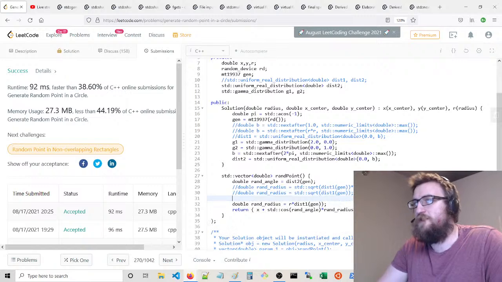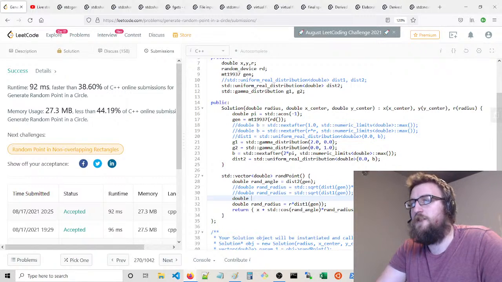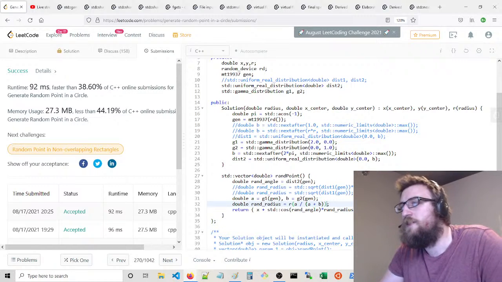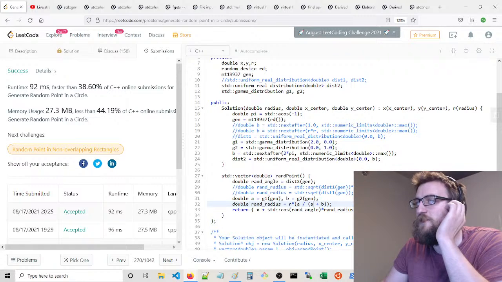We get double x equals, I don't know, we'll call it A, just do A of G1 gen, B is G2 gen, and we're going to say of A over A plus B, and R times that. Yeah, there we go.